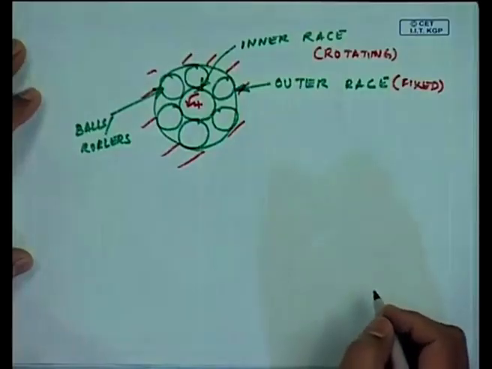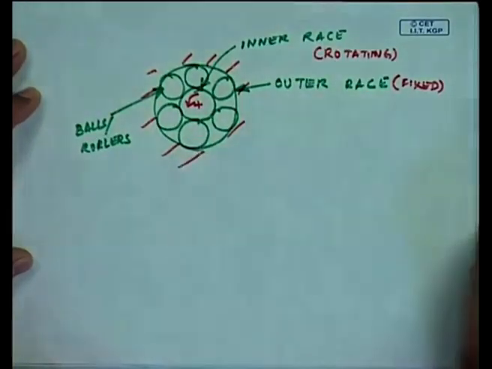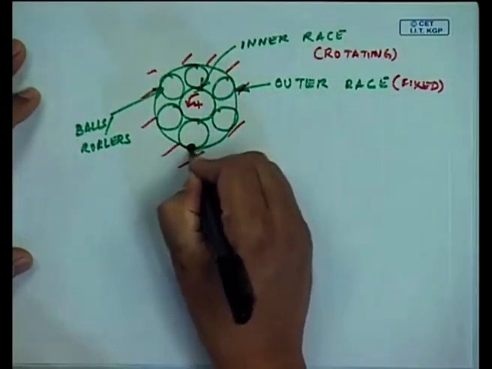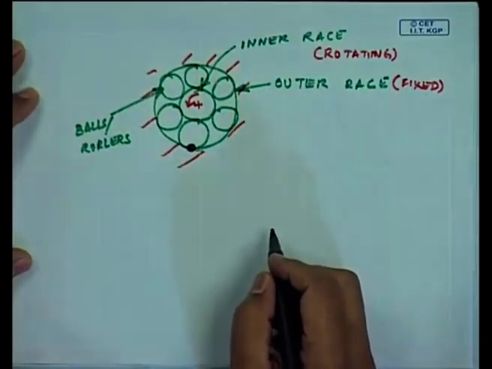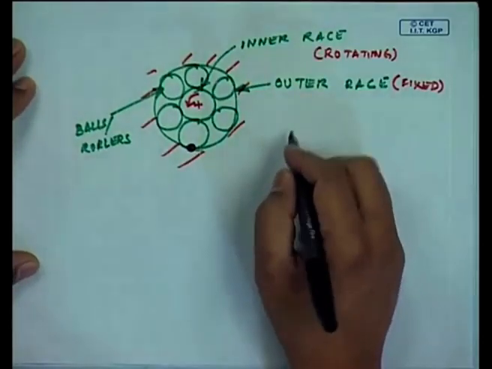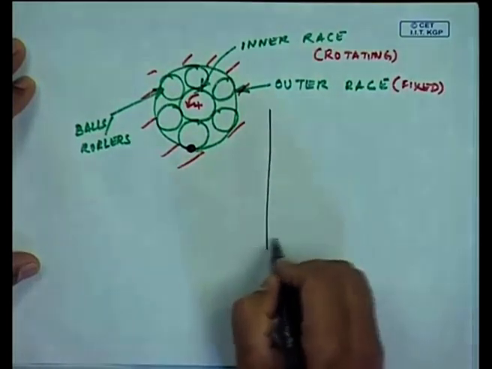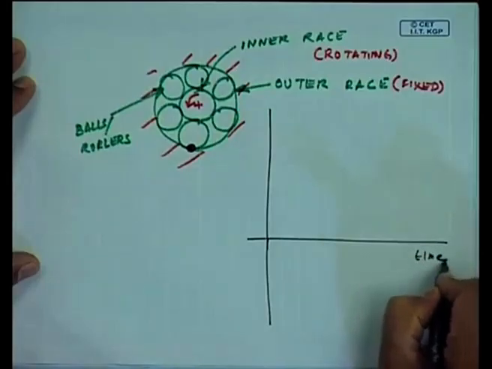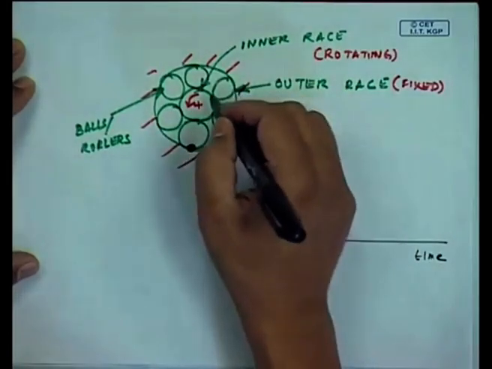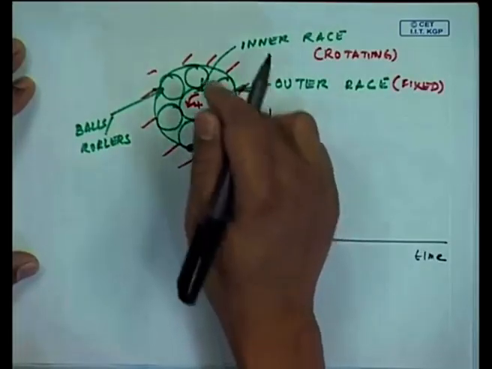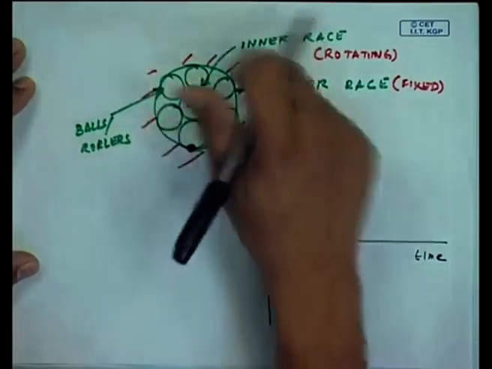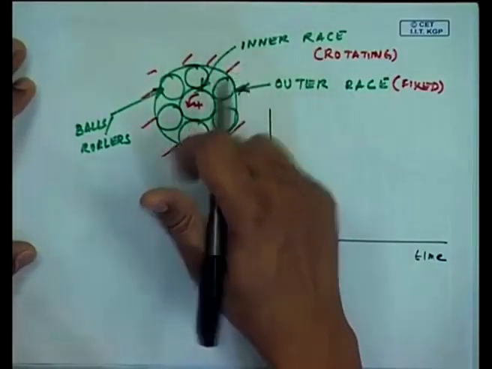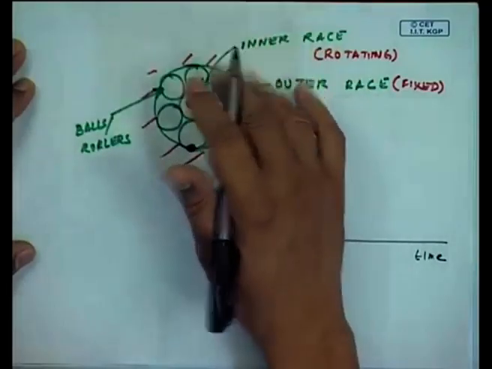Now, there could be a few possible cases. Suppose I have a defect located here in the outer race. In this case, if you imagine the time signal, each time these balls spin and rotate around the inner race and outer race, they have rotating frequencies that can be calculated from the dimensions, which we will come to later on.